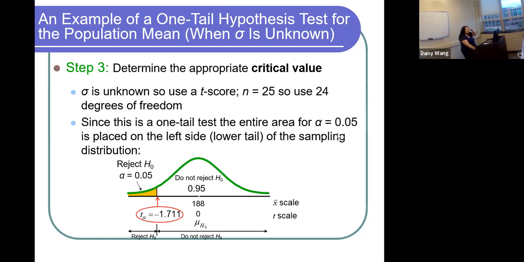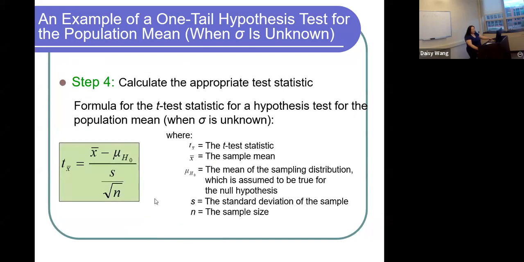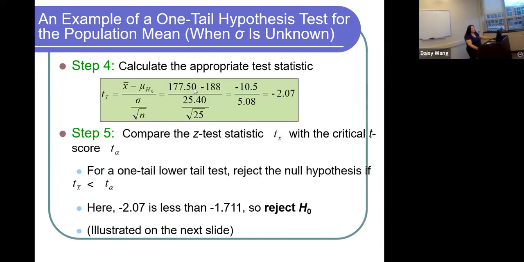Look it up. We are within 0.4. Alpha is equal. Then the T will be negative 1. So now the T is x bar minus mu.